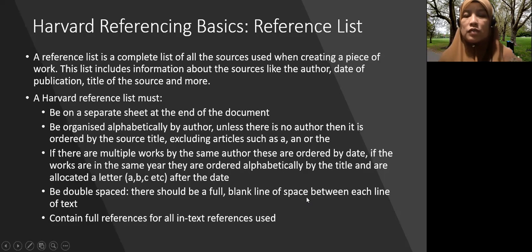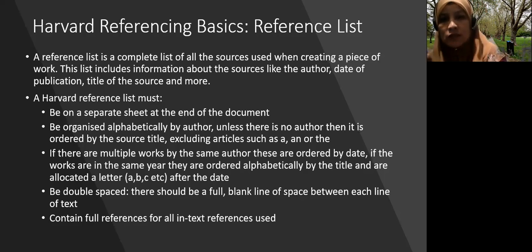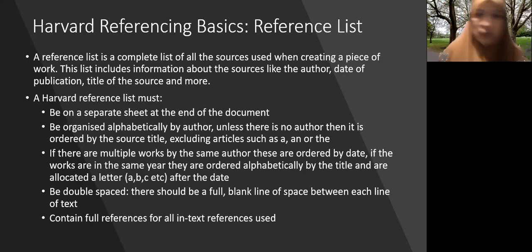Contain full references for all in-text references used. Wow, this is comprehensive. So I mentioned just now, this full reference is only put in the reference list, but for Harvard referencing style, this is put in the text. You know, the whole lot of information about the material is put in the text.